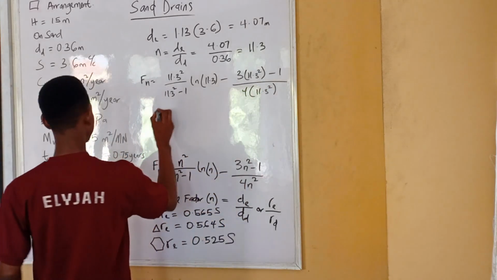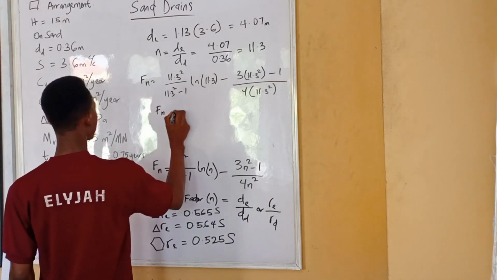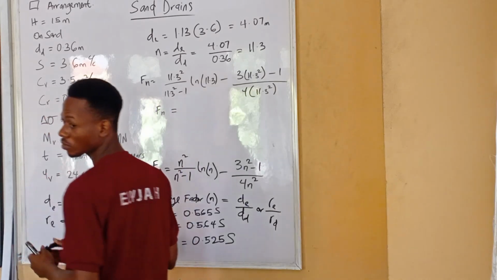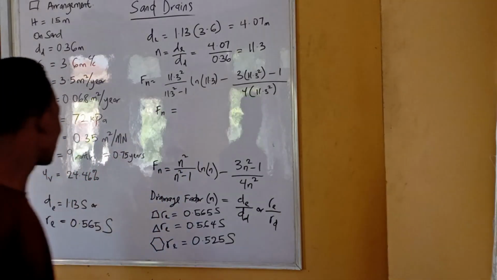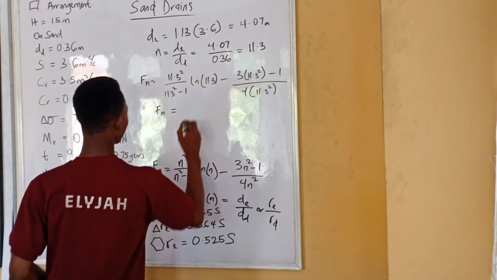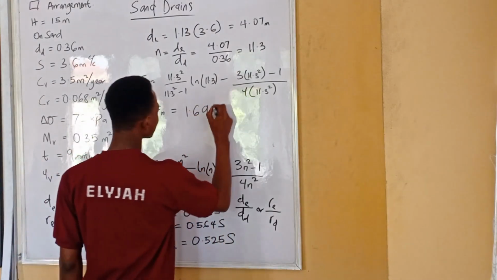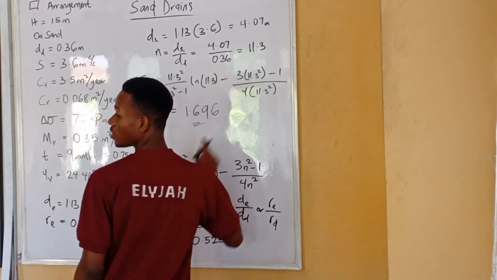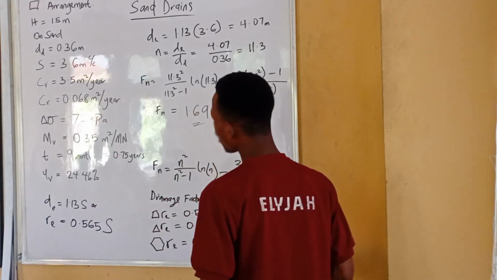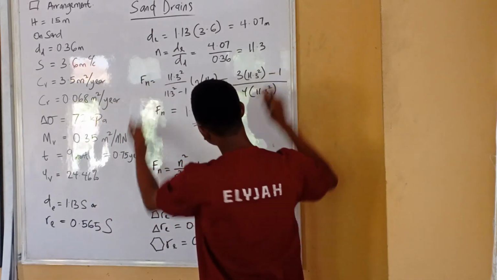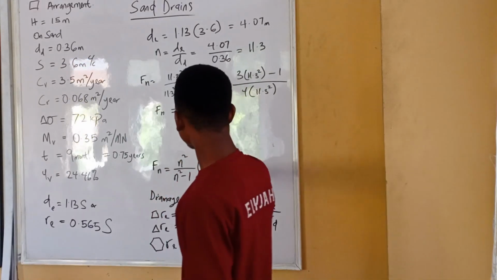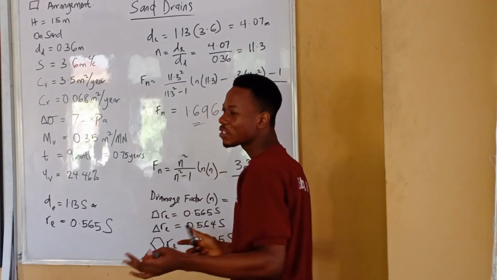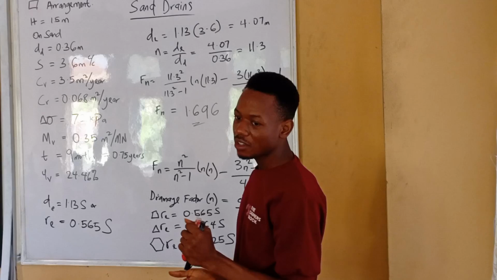What is that? So our FA is, actually, 1.696. You put everything at once, you get 1.6959. So that's 1.696. So we got our FA, that means we can get our A now.